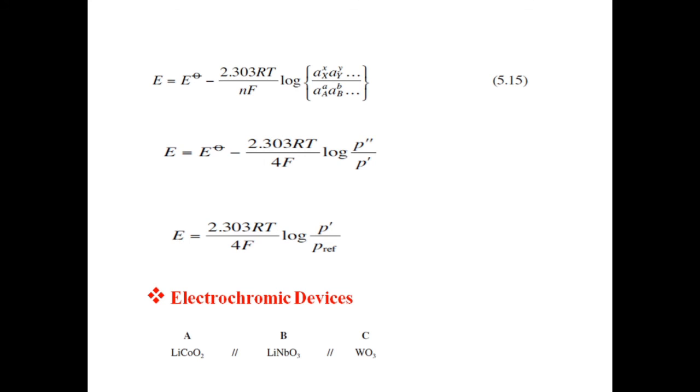Making these two changes, we obtain E is equal to 2.303 RT upon 4F log of P dash upon P reference.